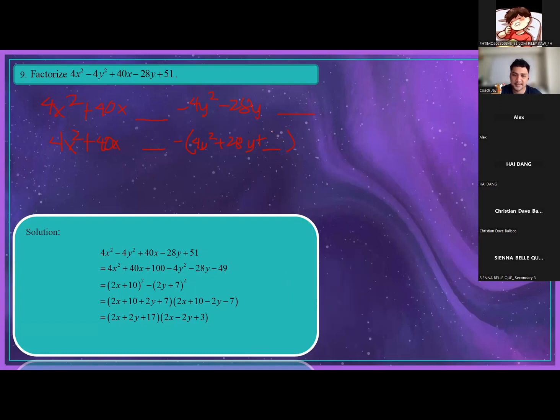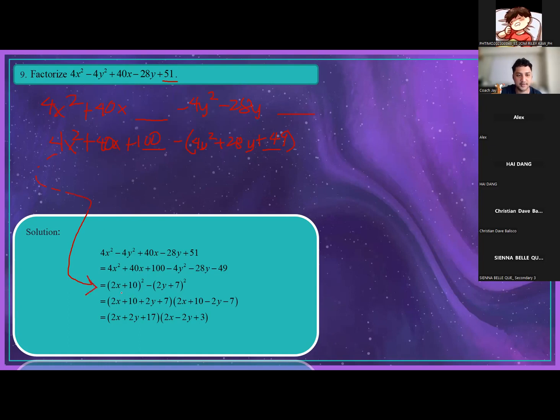This would be 7. This would be 49. And the remaining would be 100 plus 100, so that our constant is still 51. That's 100 minus 49, that's still 51.